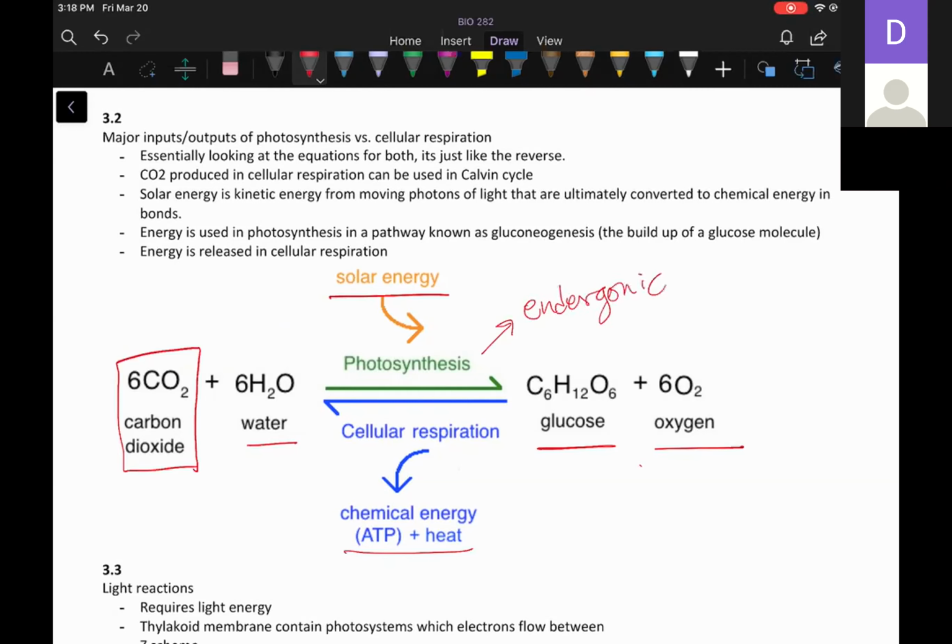For cellular respiration, since we're going from a bigger molecule down to a smaller one, from glucose to carbon dioxide, we're breaking it down, so it's a catabolic reaction. That's going to be exergonic. Okay, so does that make sense?